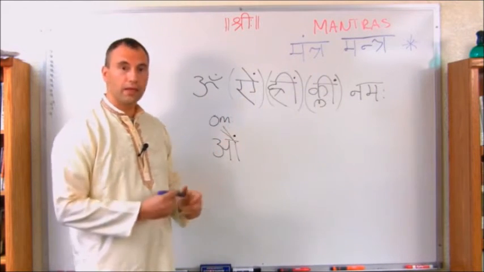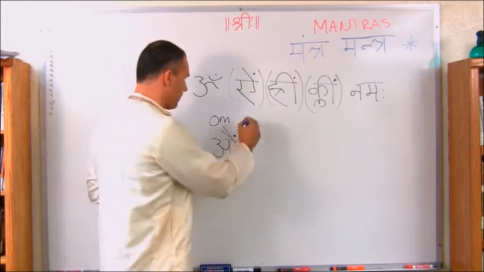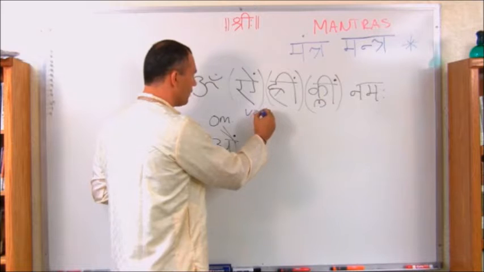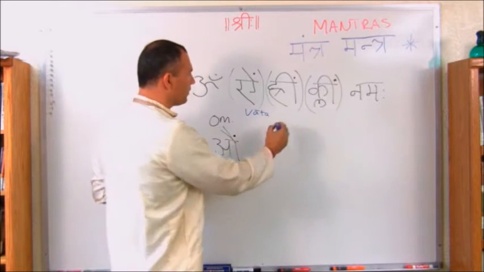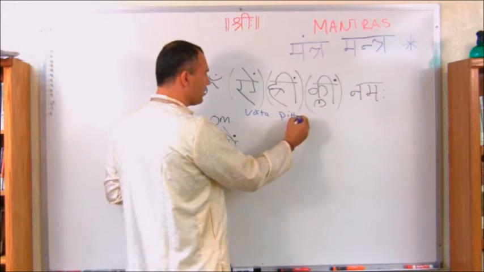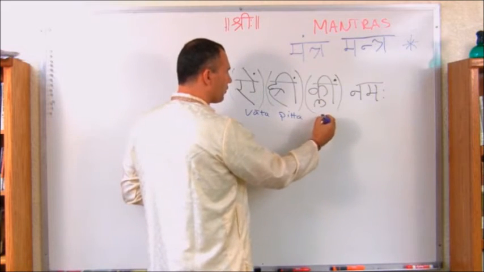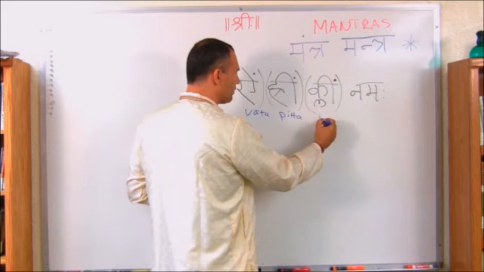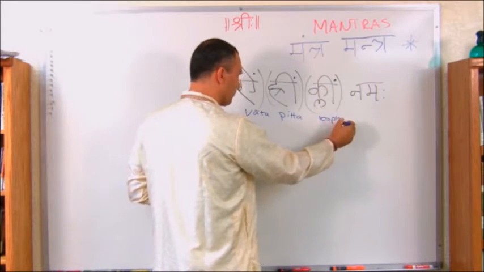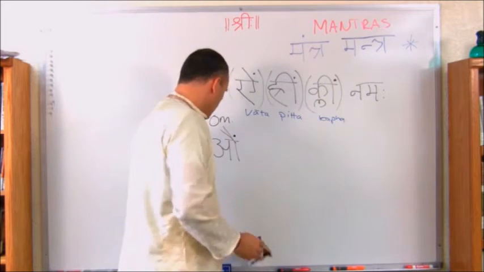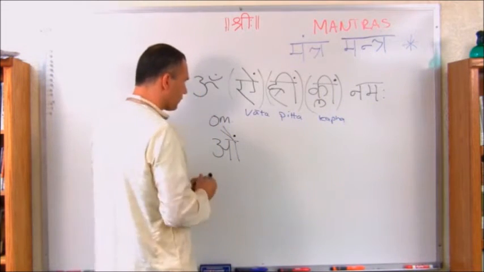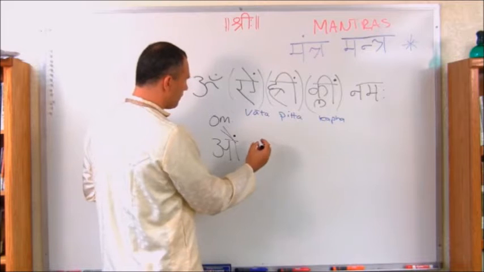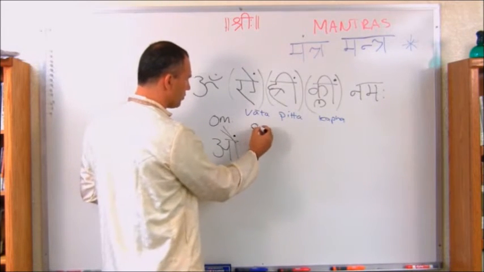Then the mantra for Vata is Aim, okay? The mantra for Pitta is Hring, and for Kapha is Klim. And here they are in transliteration.